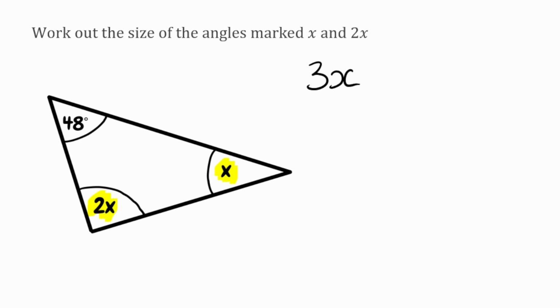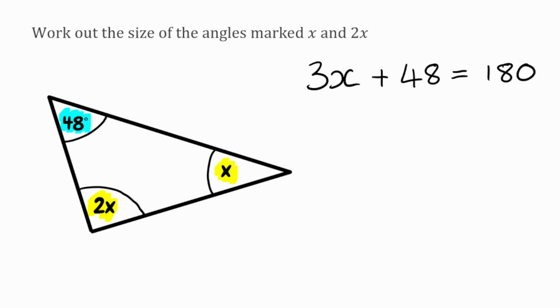Then to that 3x, I'd have to add on this 48. So I've now got an expression for the sum of the angles in this triangle. It would be 3x plus 48. We can now make an equation because we know that all of these angles should add up to 180. So 3x plus 48 would be equal to 180, which creates this equation.